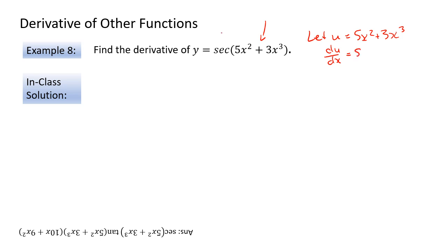So that's equal to 5 times 2x to the 2 minus 1, using the power rule, plus 3 times 3x to the 3 minus 1. And if we simplify this, du by dx is equal to 10x plus 9x squared. So we know from our previous slide that the derivative of secant is secant x.